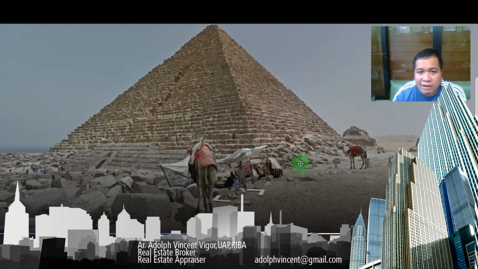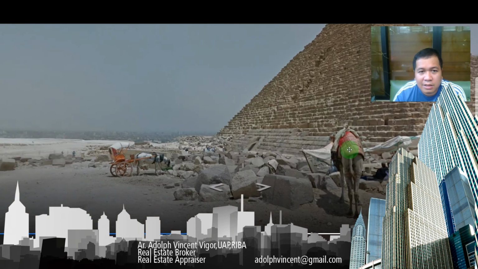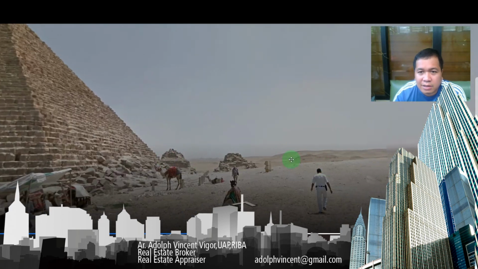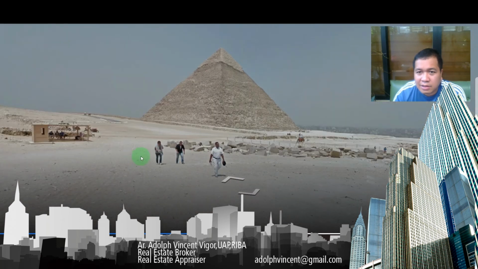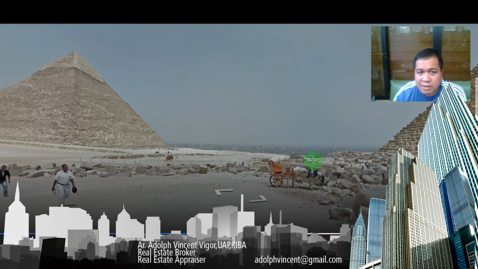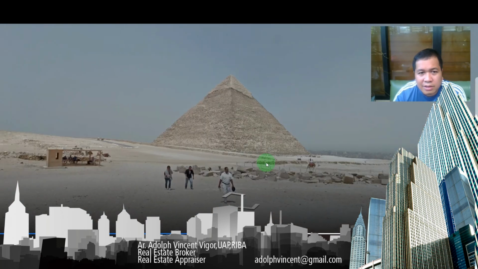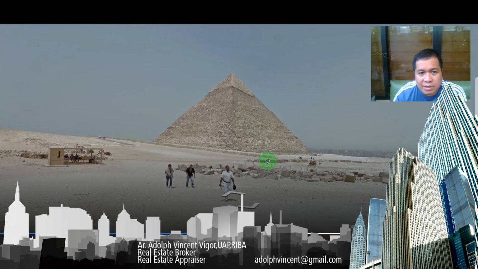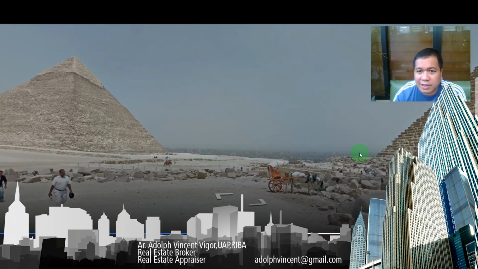Then we have, I think this is the last that we visited, Menkaure. So you have the skyline of the city. It's like the modern and the old are mixing.